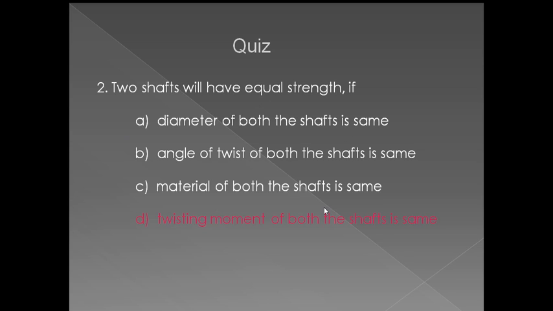When the twisting moment of both shafts is the same, the strength of the two shafts will be equal.